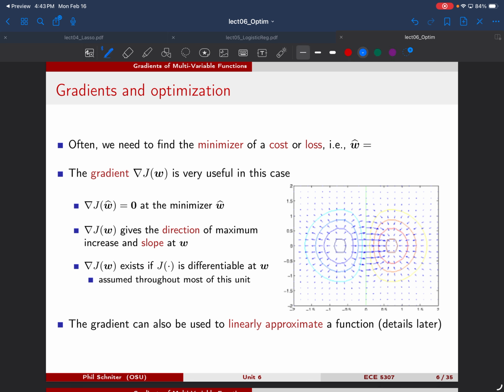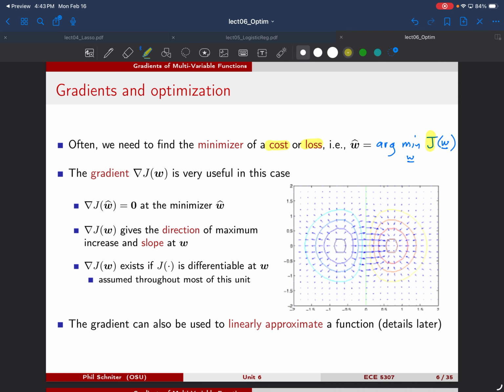Okay, so our goal in this unit is to solve one of these minimization problems where we have some cost or loss. These are different words. And usually the symbol J is used in the literature for a cost or a loss.